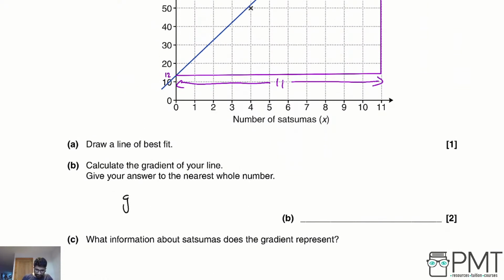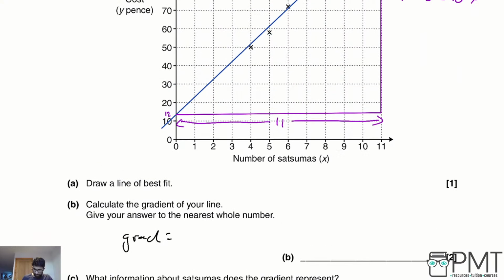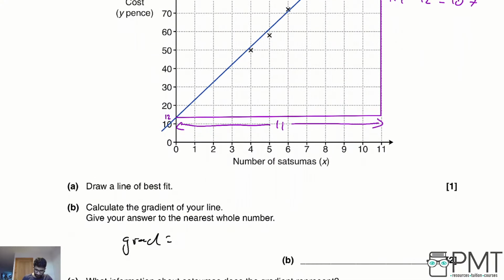So the gradient, you need to do 107 divided by 11, and I get 9.7, which to the nearest whole number is gonna be 10. And it's okay if you get different answers depending on the line of best fit that you draw.